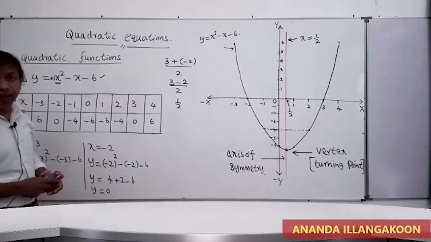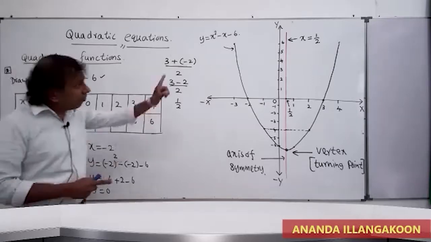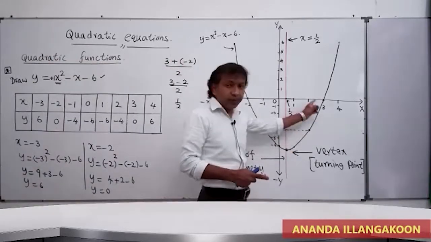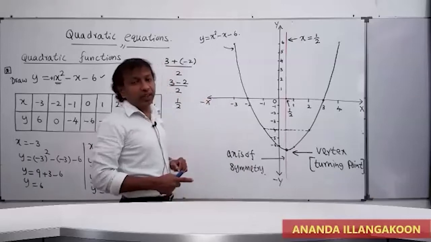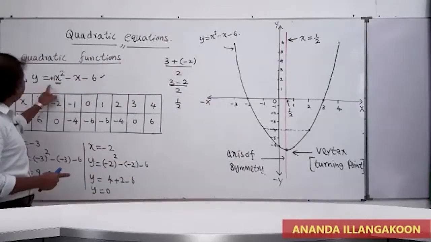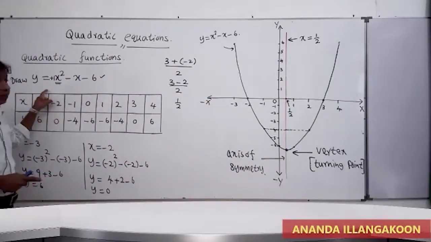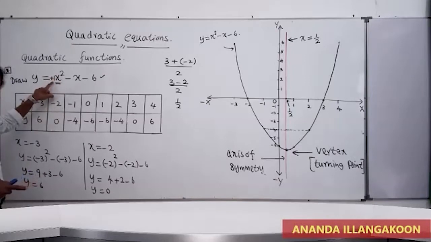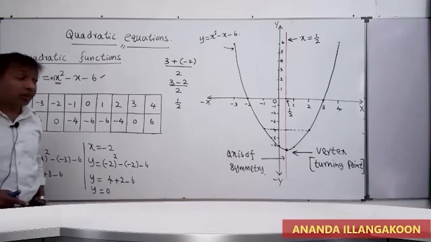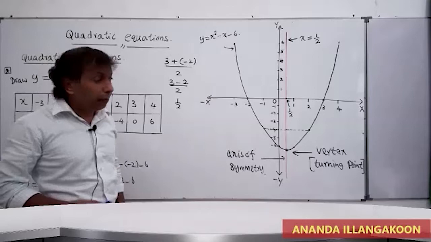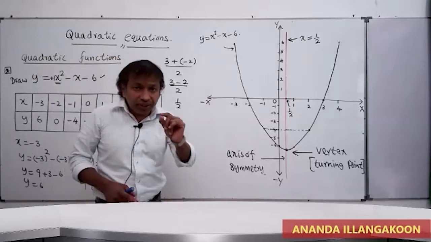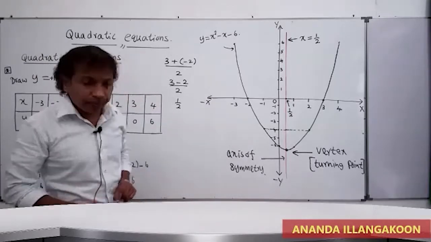Right? Because this way, a minimum graph is coming like this, you can very easily identify it at the very beginning by the equation of the given function. If the x squared term has a positive coefficient, then the graph is a minimum graph. Put a star mark and write down like this.